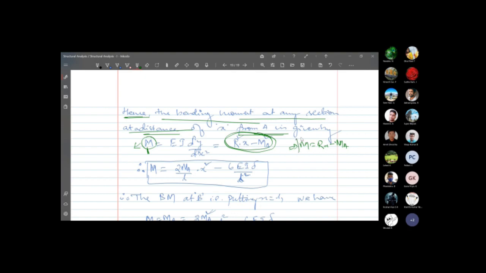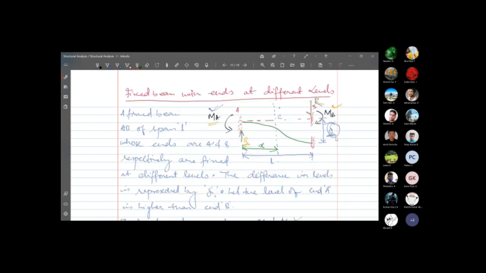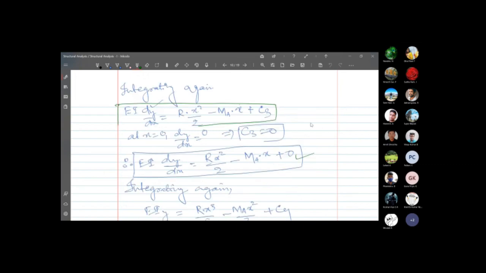Now this M, at x equals L, you see here at x equals L, x is L. So if I take a section here, then that moment will be MB.